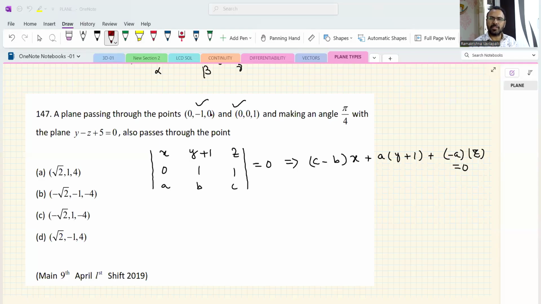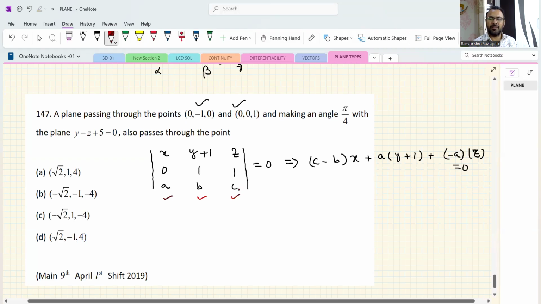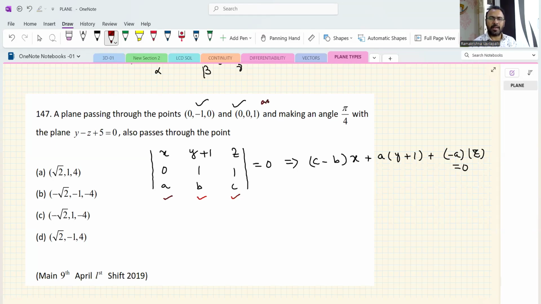So the plane passes through 2 points and assume that it is parallel to the vector ai plus bj plus ck. We don't have any parallel vector. Assume that the plane passes through 2 points and parallel to ai plus bj plus ck. We need to find out the values of a, b, c. This is the plane.